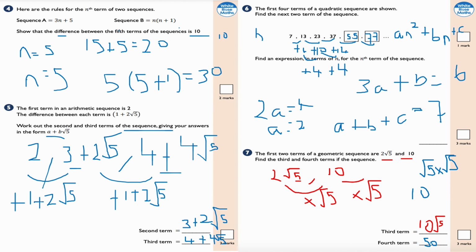B is going to equal 0. A is equal to 2. 2 plus 0 is 2 plus c has to equal 7. Therefore, c is equal to 5. So my final answer will be 2n squared take away 5.